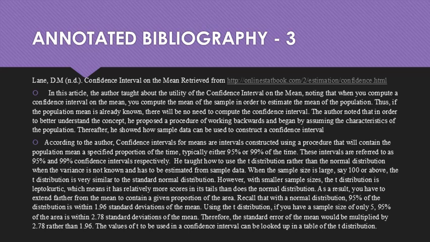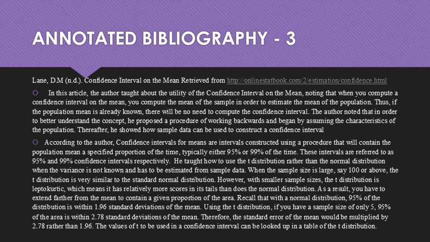He taught how to use the t-distribution rather than the normal distribution when the variance is not known and has to be estimated from sample data. When the sample size is large, say 100 or above, the t-distribution is very similar to the standard normal distribution.